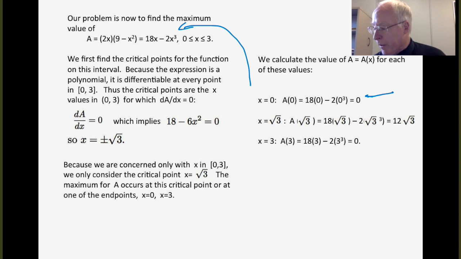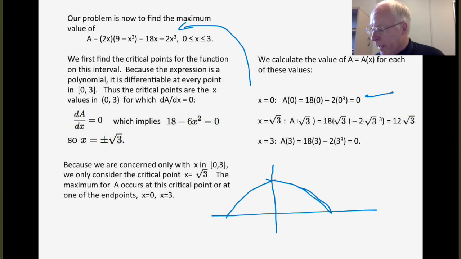In fact, if we look at the situation here, here is that parabola. And if x equals 0, that means that our lower right corner is right here at the y-axis. And our rectangle is just a tall, thin line, which has area 0.